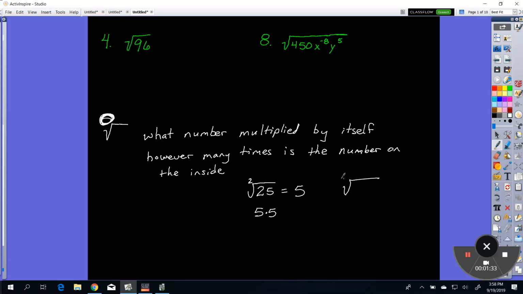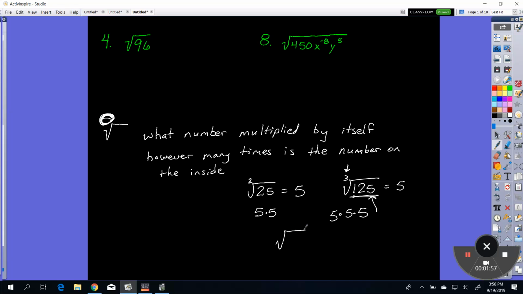By the same idea, what number multiplied by itself 3 times is 125? That answer is 5 again, because 5 times 5 times 5 is 125. So again, we're saying what number multiplied by itself this many times is this answer.